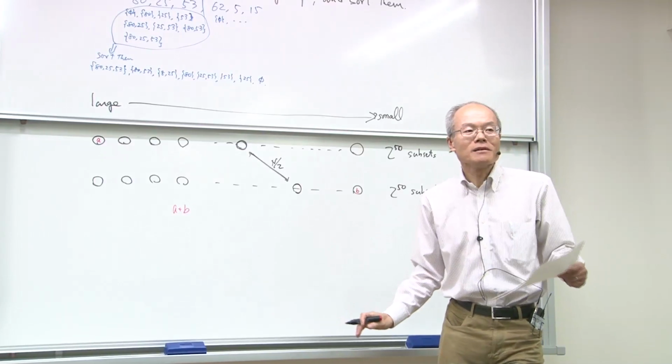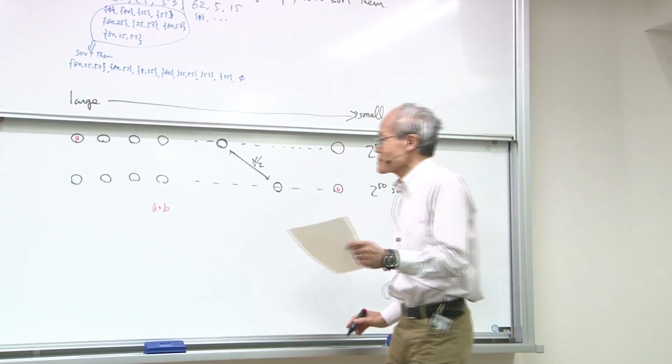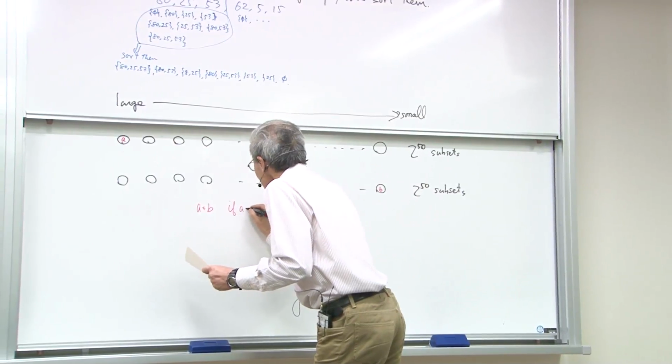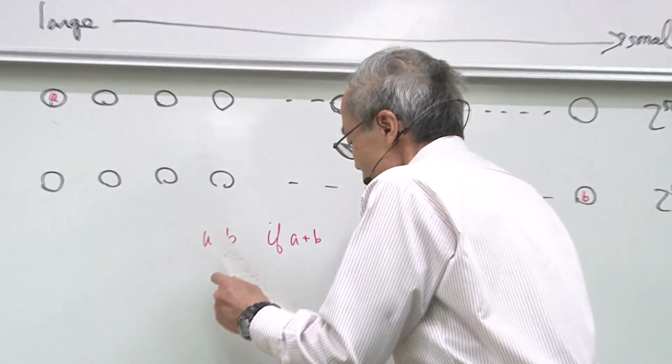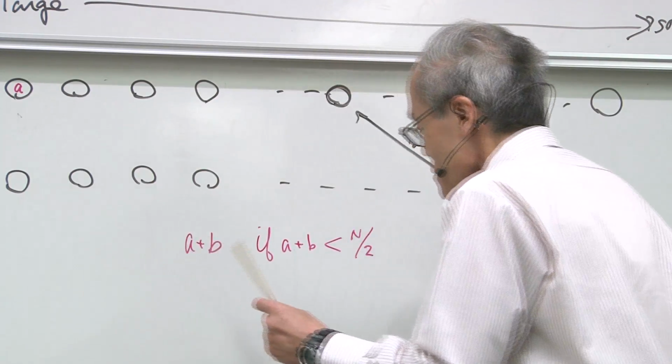So probably it's different from n over 2.